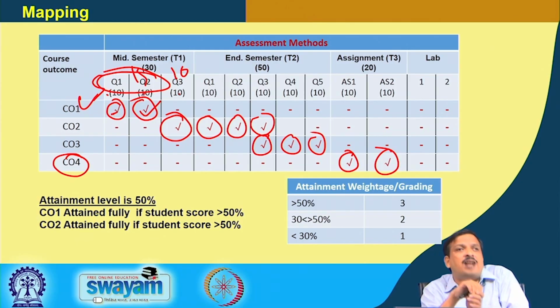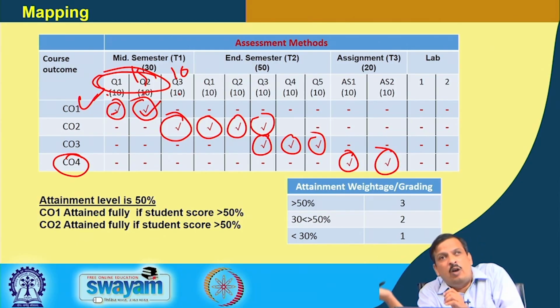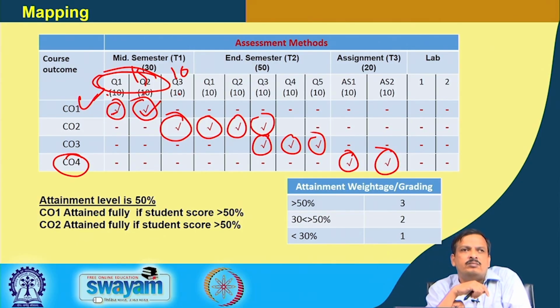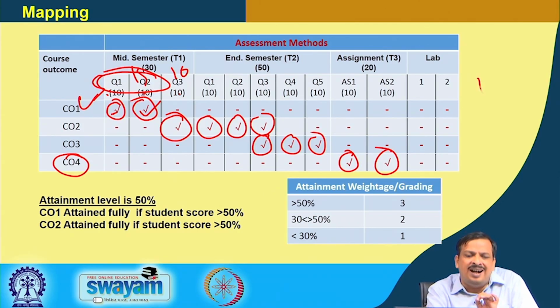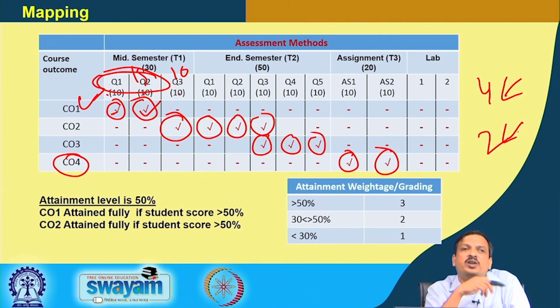But I also have to test their communication ability. Two ways I can say. One is question number 1 and 2 carry 20 marks. Out of 20 marks, I can say let's say 4 marks designated for testing communication skill or 2 marks designated for testing communication skill.